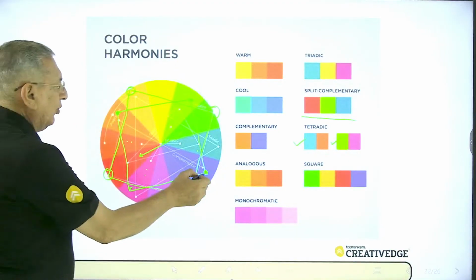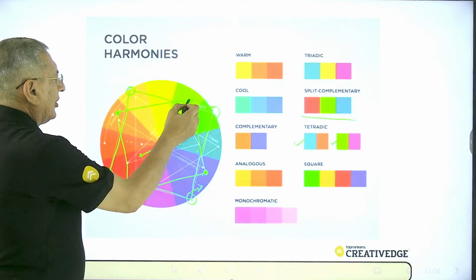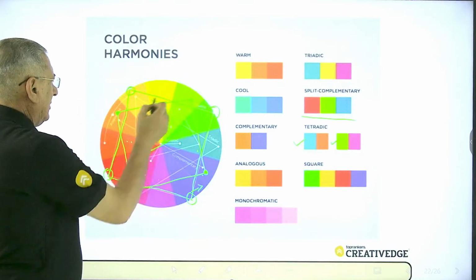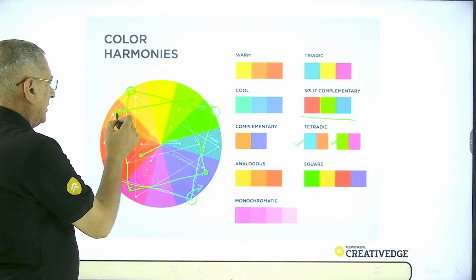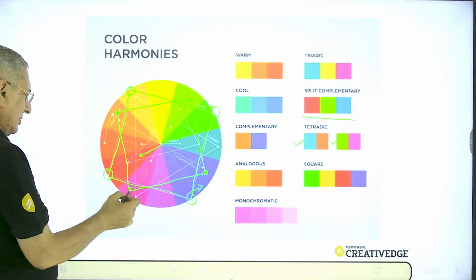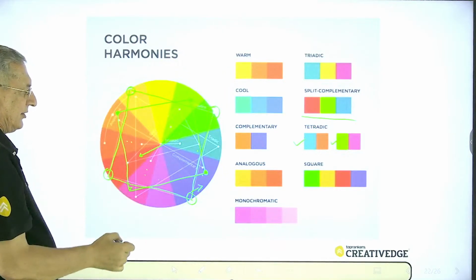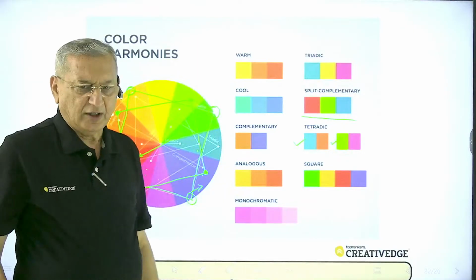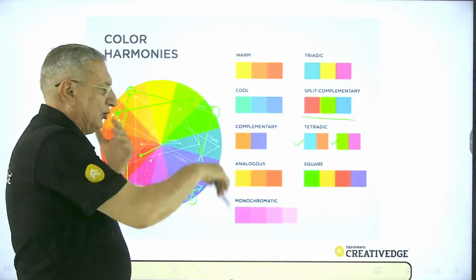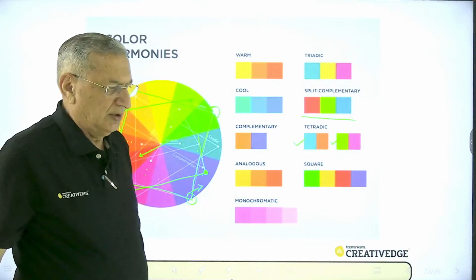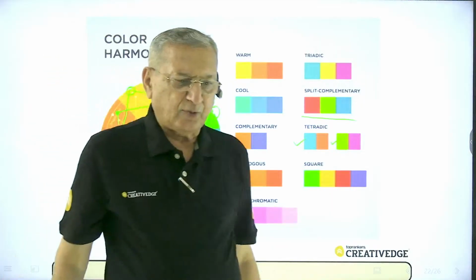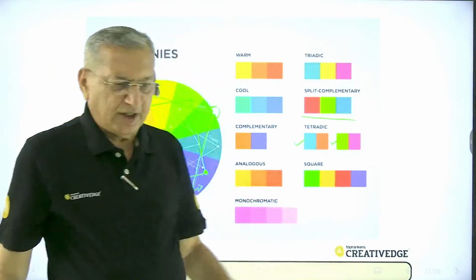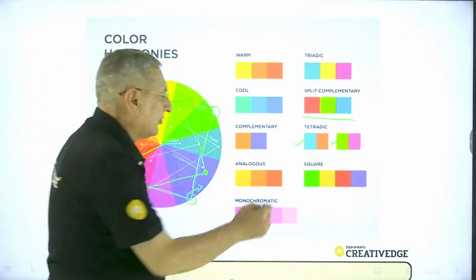That means blue, yellowish green, orange, reddish violet. That set of four colors will again be square color. And likewise, you can find somewhere around 3 or 4 combinations of square colors.